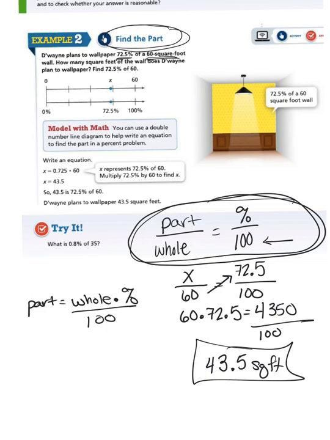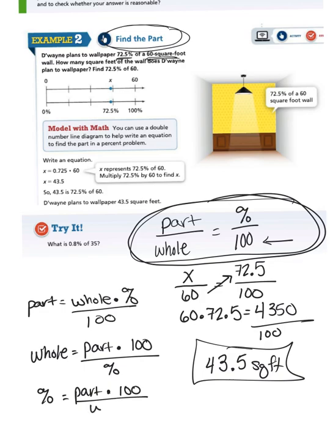When you're finding the whole, it's important you're writing these down. You will take the part times 100 and divide it by the percent. When you want to find the percent, you will take the part times 100 and divide it by the whole.